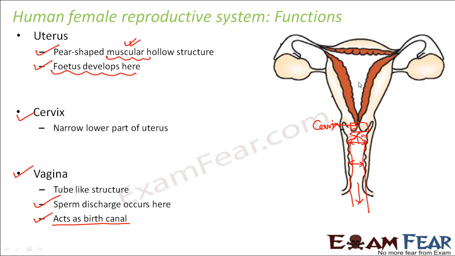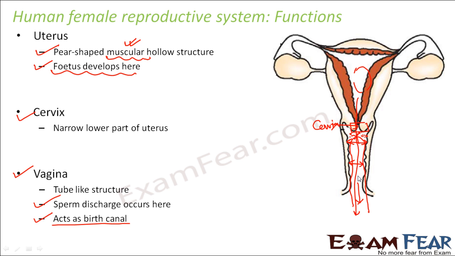Why birth canal? Because, as I said, the baby remains in the uterus. From here the baby has to come out, so it has to pass through the entire vaginal space. So it allows the baby to come out through this space, and that is why it is called the birth canal. So these are the important parts of the female reproductive system.